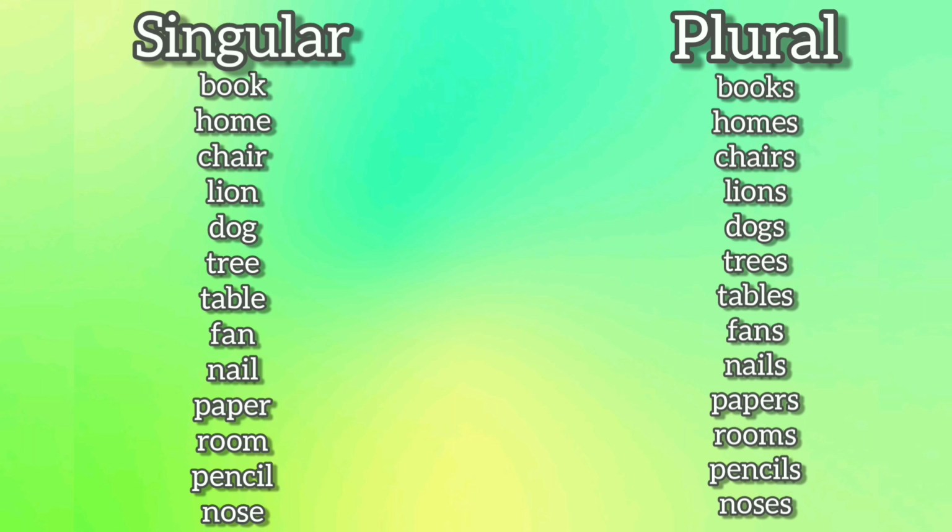So here we just added s to change the singular nouns into plural nouns. But there are indeed various rules to change singular nouns into plural nouns. Now let's move to the next rule.